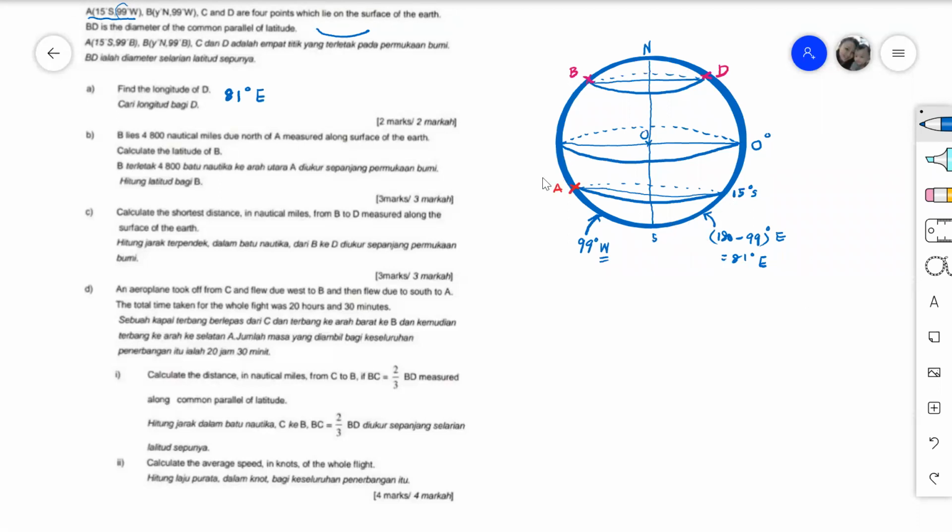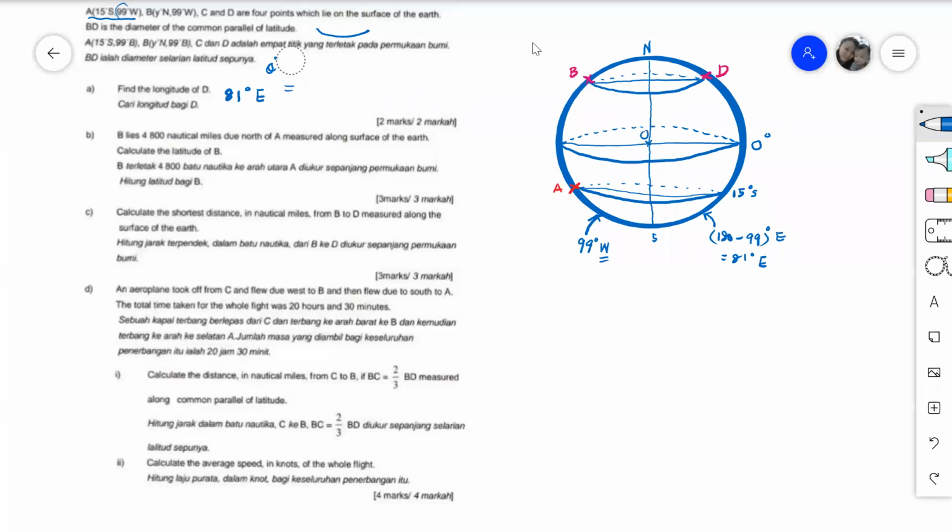When one end is theta degree east, the other end will be 180 minus theta degree west. This side is east, the other side is west. Vice versa. If this side is east, the other side will be west. And normally we put east on the right side, west on the left-hand side.